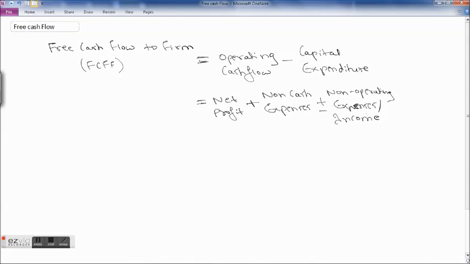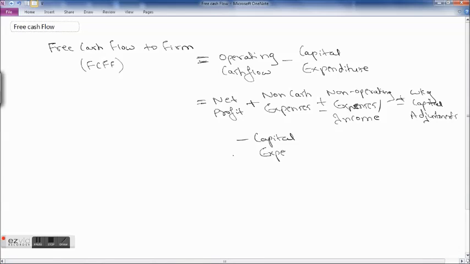Then plus or minus working capital adjustments, minus your capital expenditure.